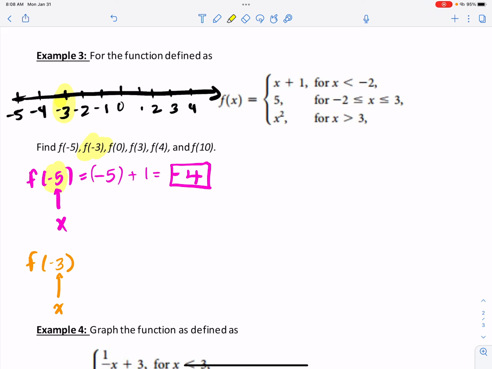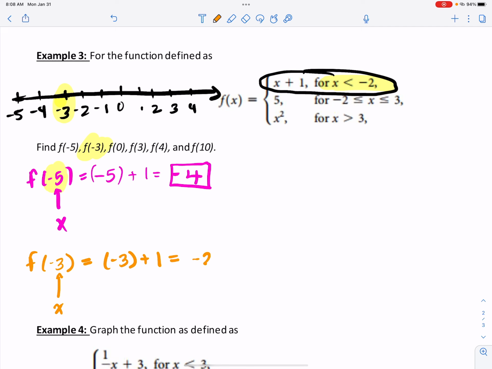So -3, is it less than -2? Well, here's -2. It's before -2, so then yes, it is less than -2. So I'm actually going to use the first equation once again for this problem. And instead of x plus 1, we'll have -3 plus 1, which once we calculate that, we get -2. Okay.